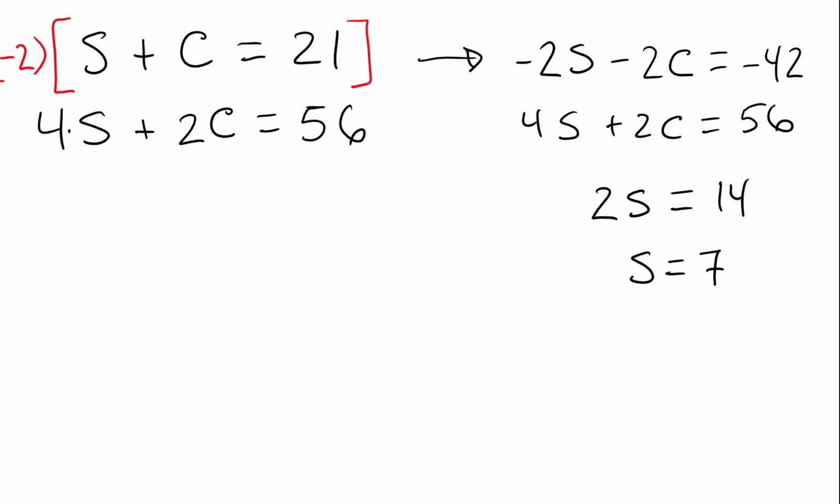I have 7 sheep. If I put that into the top equation, the number of sheep I have plus c is 21. I just found that the sheep was 7, and if I take that away from both sides, I get that I should have exactly 14 chickens. So the number of chickens is 14.